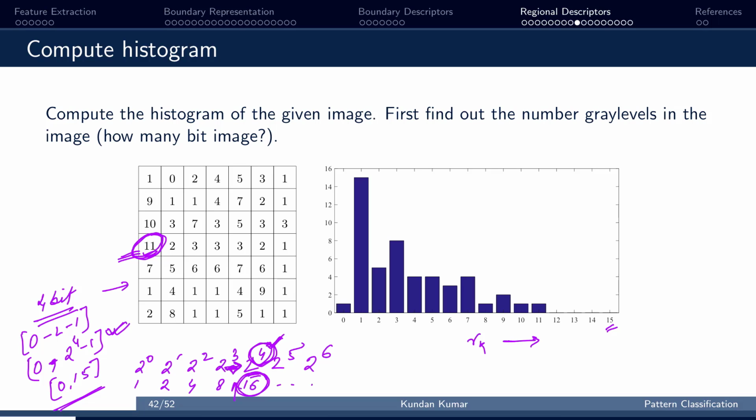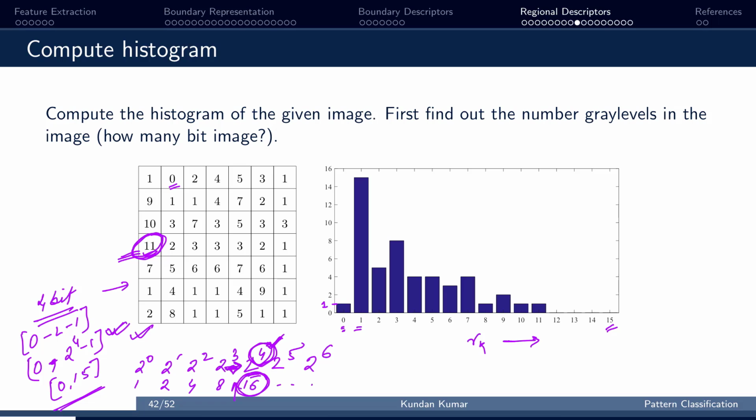So in this image we have to count how many times the intensity value 0 is repeated. So here 0 occurs 1 time, and there are no other zeros here. So the height of this bar will be 1. The next intensity value is 1, so we have to count how many times this intensity value is repeated in this image.